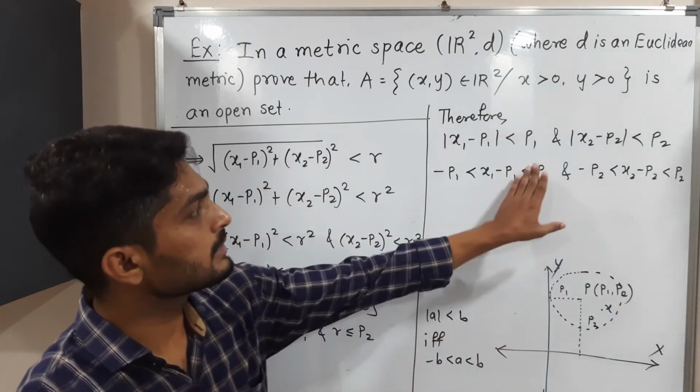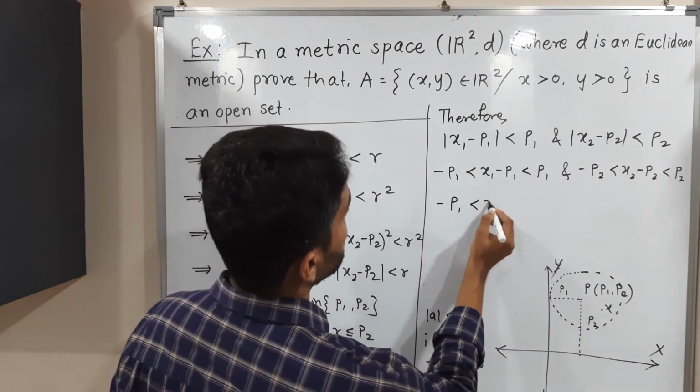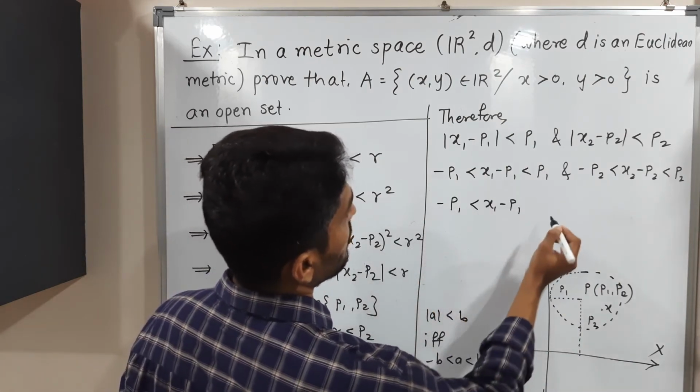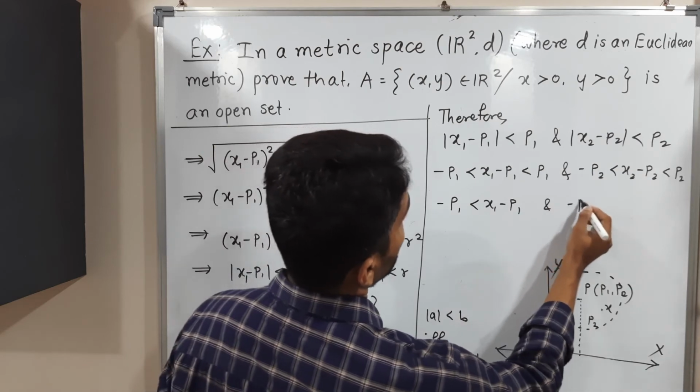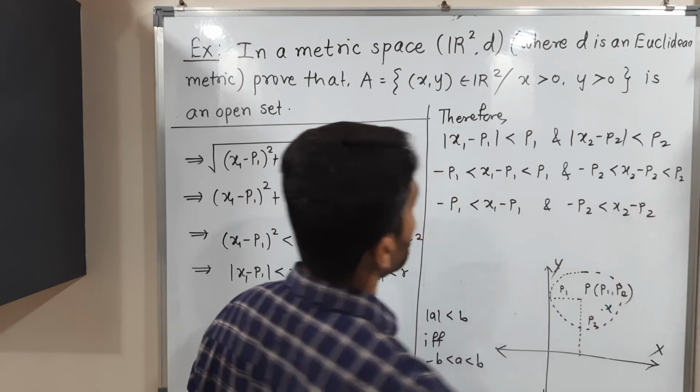So the less than p1 part is not required. Simply I write minus p1 less than x1 minus p1, and here also the same, minus p2 less than x2 minus p2. That thing is not required.